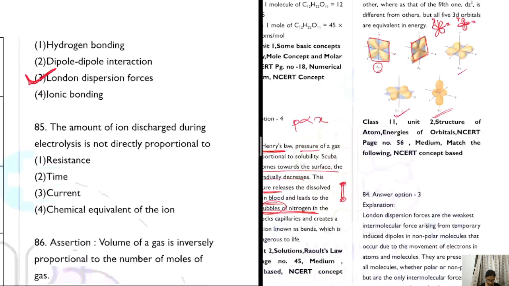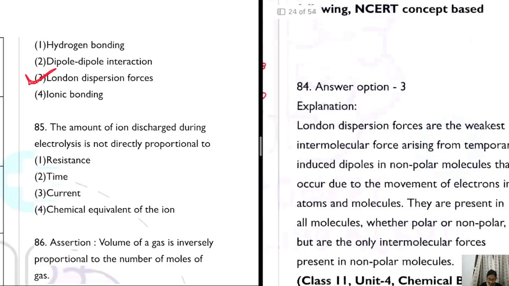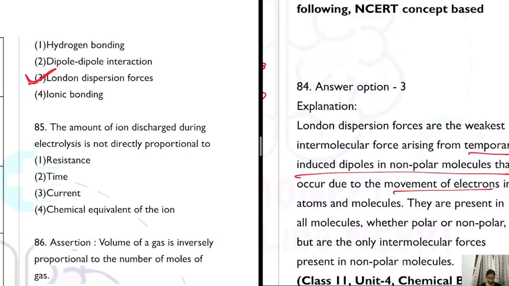But the weakest are London dispersion forces because they arise from temporary induced dipoles in non-polar molecules. That is because of the movement of electrons in atoms and molecules. So, if I had this neutral atom, due to the movement, the charge will be separated and temporary dipoles will be formed.